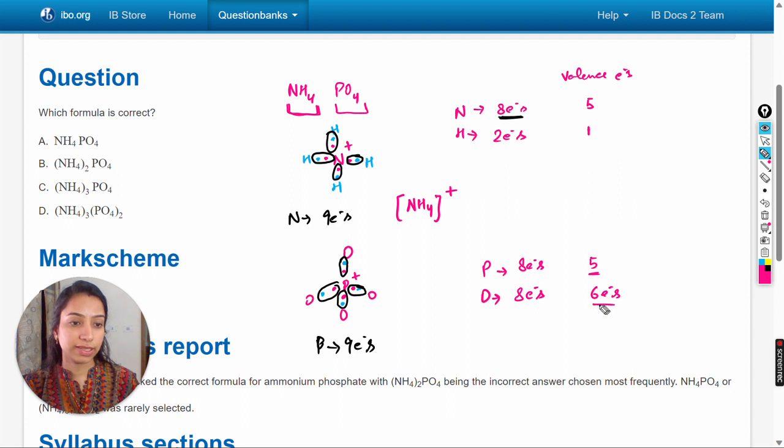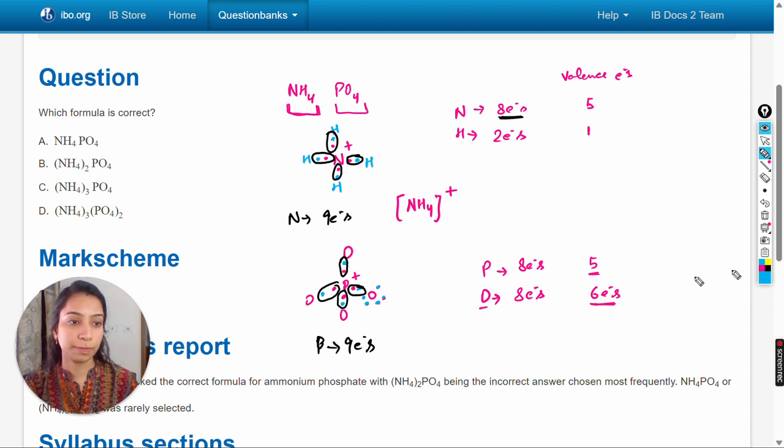Now there are 6 electrons around the oxygen and 1 is shared by the phosphorus, which means 5 more electrons here. Okay, I'll make it blue, right? So there are 6 electrons around the oxygen and 1 covalent bond with phosphorus.